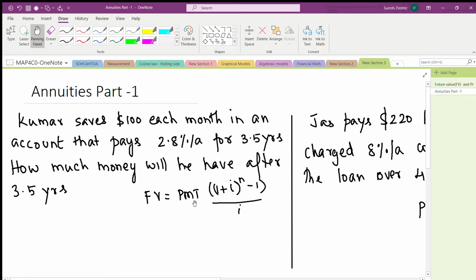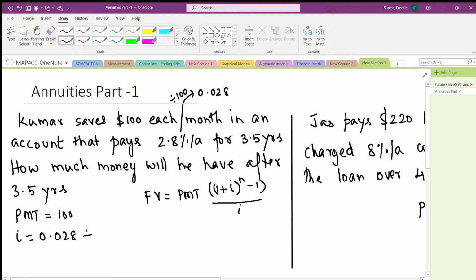The PMT here stands for the regular payments that Kumar makes. So PMT is $100. That's the money he makes every month. The I value, we have to divide by 100 to get a decimal number. So here you have 0.028.